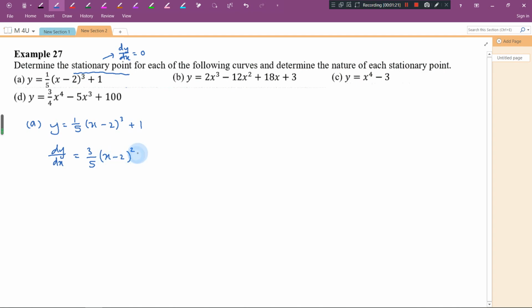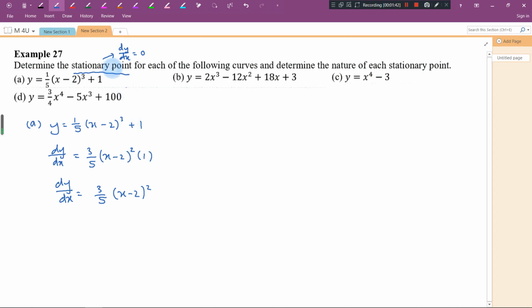Differentiate inside, you will just get 1. Differentiate a constant, you will get 0. So dy/dx is equal to 3/5 (x - 2) raised to the power of 2.